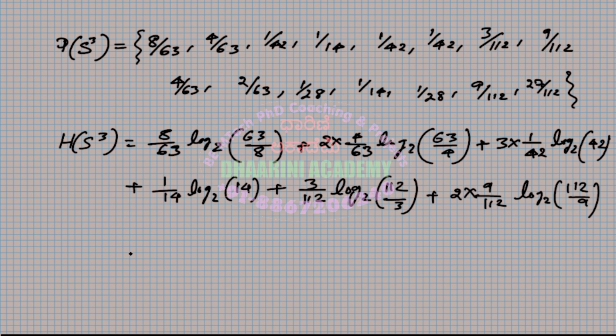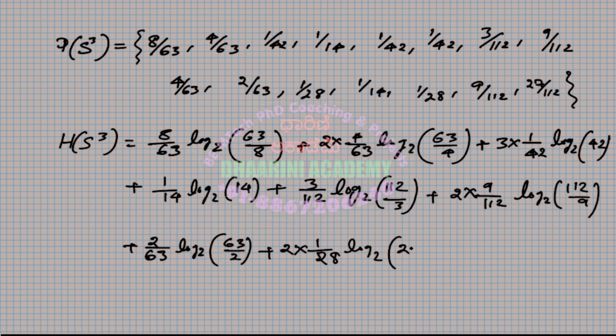Then we have 2 by 63 log to the base 2 63 by 2, plus 1 by 28, there are two terms, 2 times 1 by 28 log to the base 2 of 28. Then we have 1 by 14, one more term, so I'll just do this as 2 by 14.